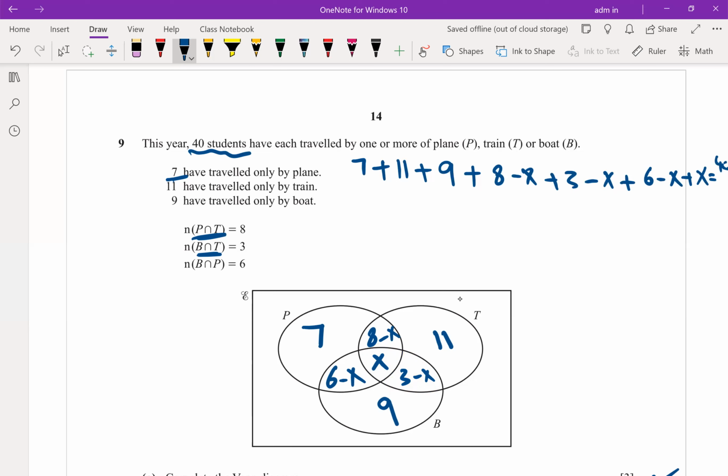The total sum has to be 40, so form an equation, add them all, equals 40. Simplify it. X equals what? Now I will remove X and write 2. 8 minus 2, 3 minus 2, 6 minus 2 will be 4. Done part A.